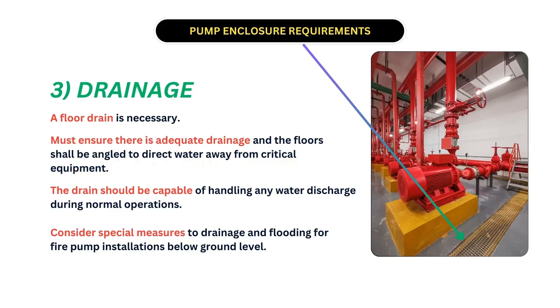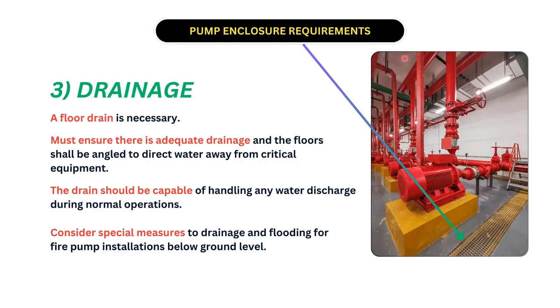The drain should be capable of handling any water discharge during normal operations. We need to consider special measures for drainage and flooding for fire pump installations below ground level. So these are the most important points to be considered whenever we are going to do the drainage for the fire pump room.